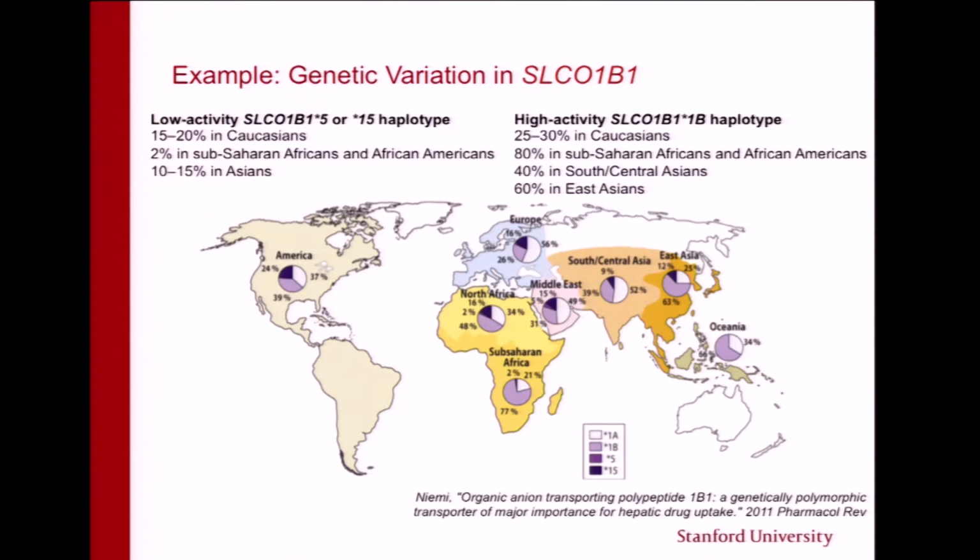And remember, we want high enough concentrations where the statin actually is able to reduce cholesterol production. And so having a high activity haplotype can be just as bad as having a low activity haplotype in terms of getting the efficacy and the results that we want from using statin treatments.